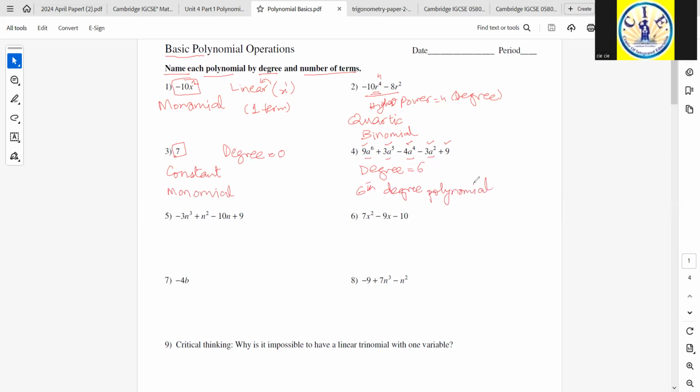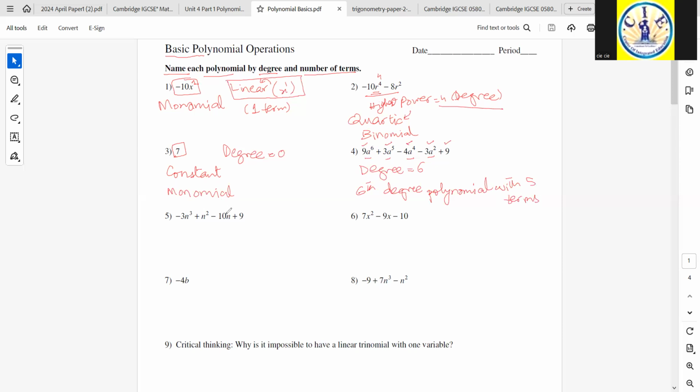It hasn't got any special name like the power 1 that had the name linear. When the degree was 4, it had a special name, quartic. But when the degree is 6, it has no special name. So this is called sixth degree polynomial. And since it has 5 terms, we can just say it is a sixth degree polynomial with 5 terms.